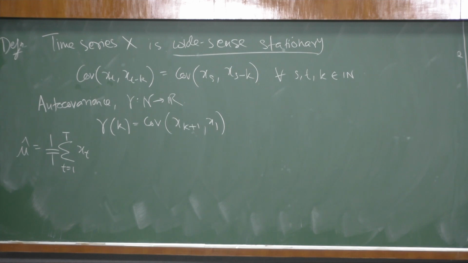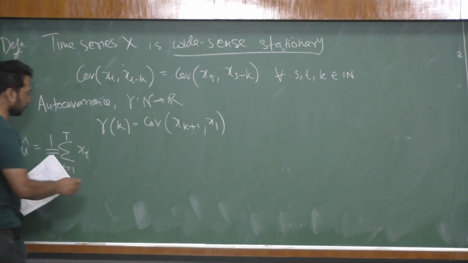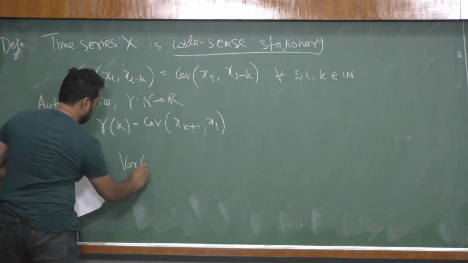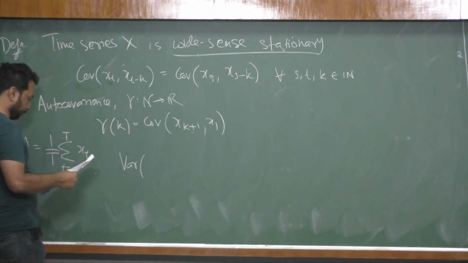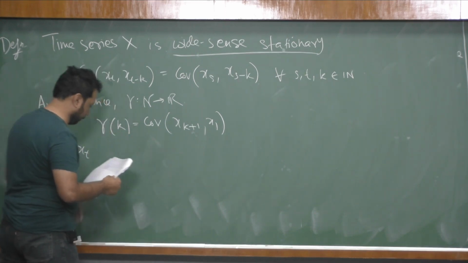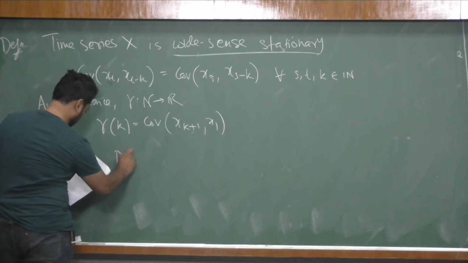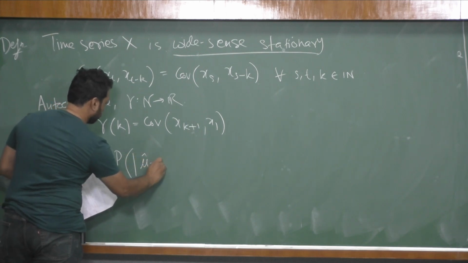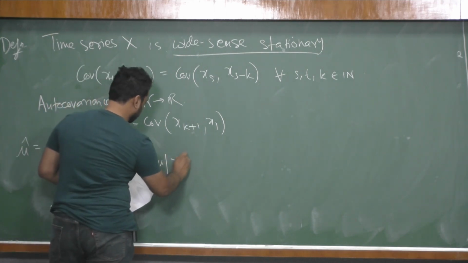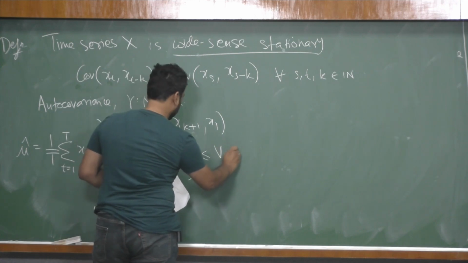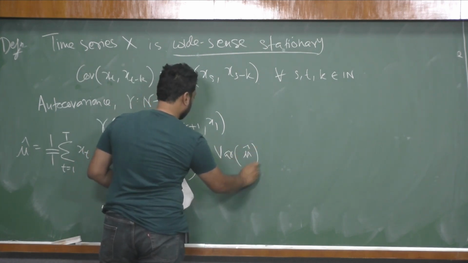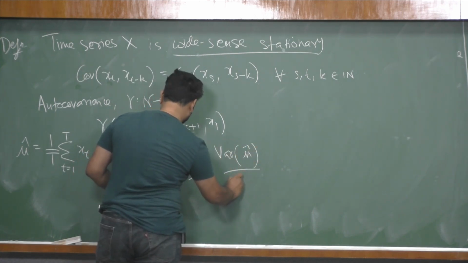But then from our analysis in the last class, what we looked at is the Chebyshev inequality, which is the probability that |mu hat minus mu| is greater than or equal to delta is less than or equal to variance of mu hat over delta square, basically.